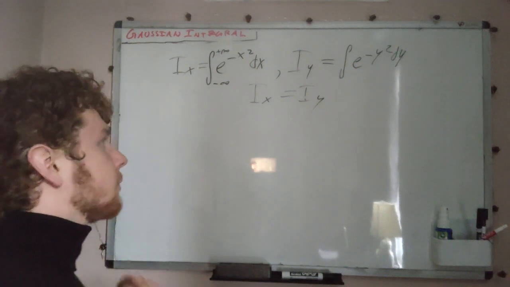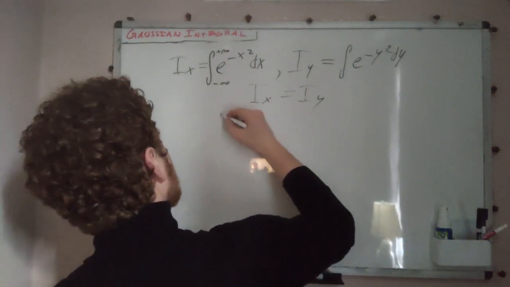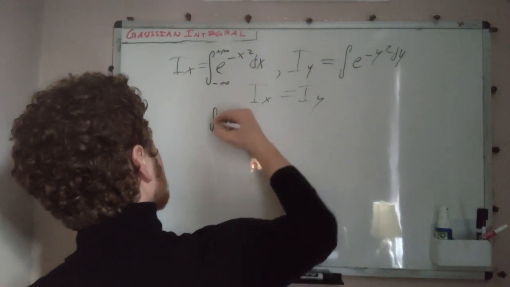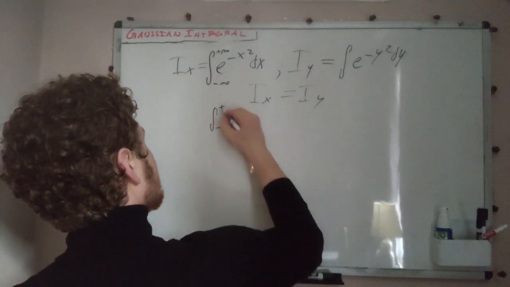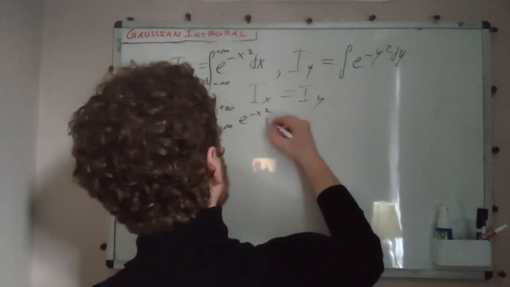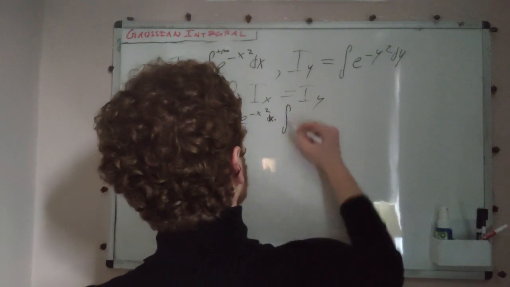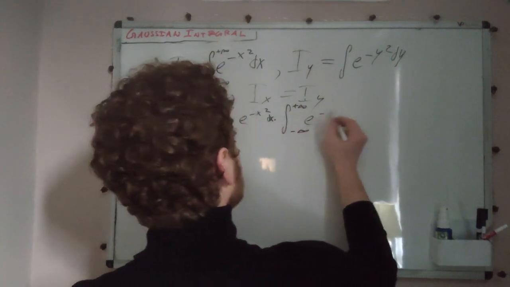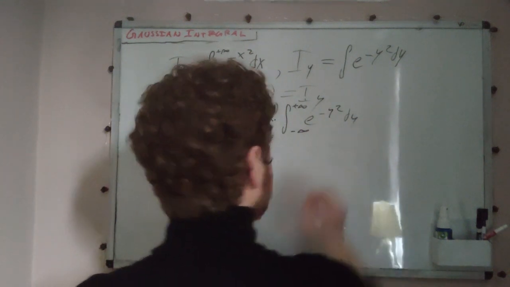And now we're going to use that information. We're going to multiply the two integrals together: the integral of e to the negative x squared dx times the integral of e to the negative y squared dy.